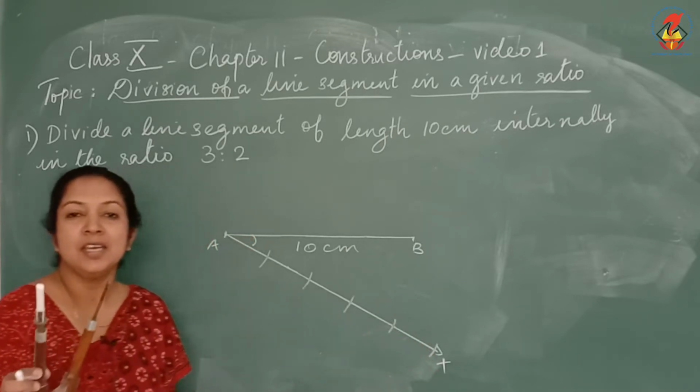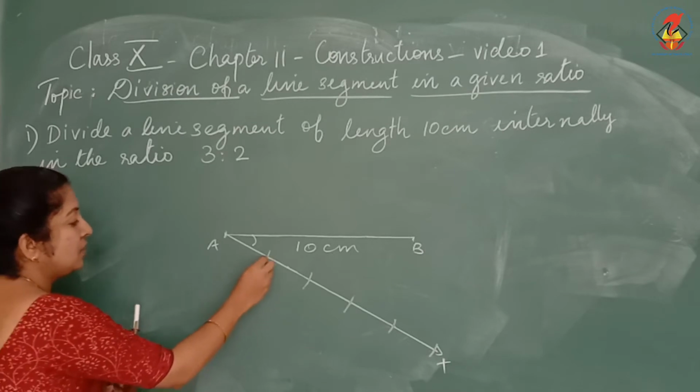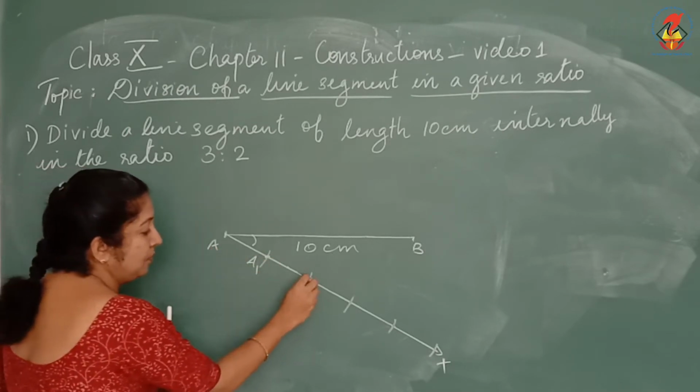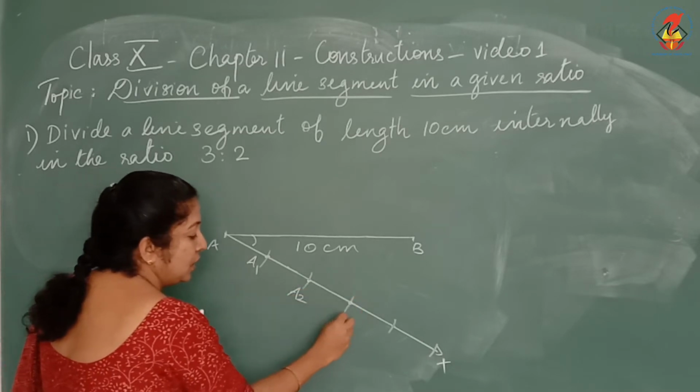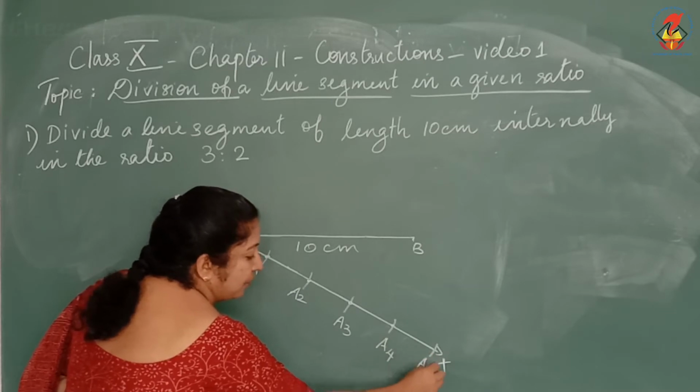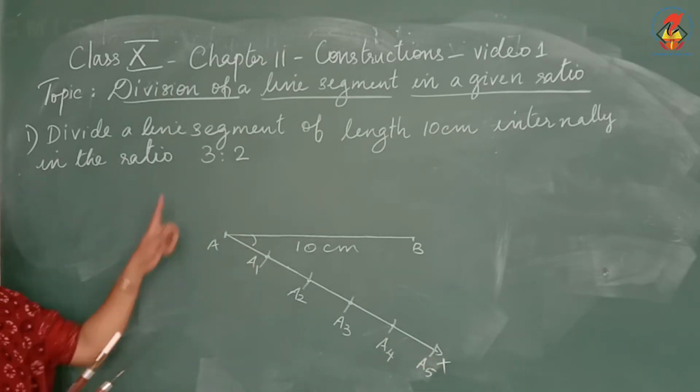For getting it as equal, we are using this. So we can mark the first one as A1, then A2, A3, A4, A5.